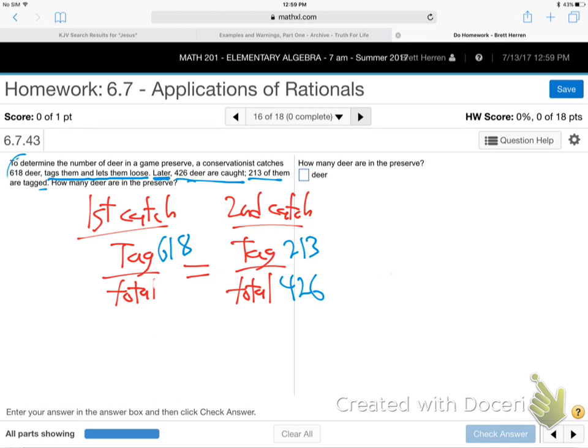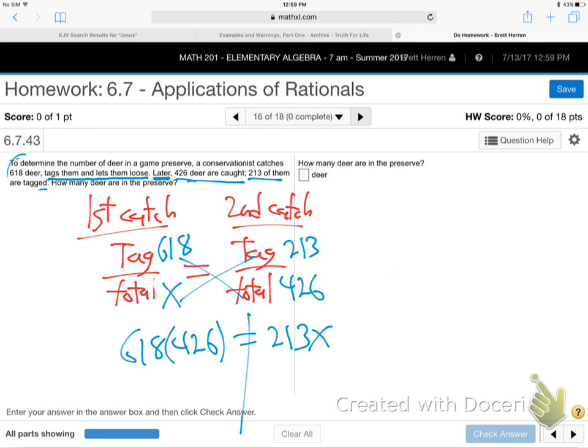X goes down here, right? Cross multiply. Same thing. 618 times 426 equals 213 times X. What's 618 times 426?